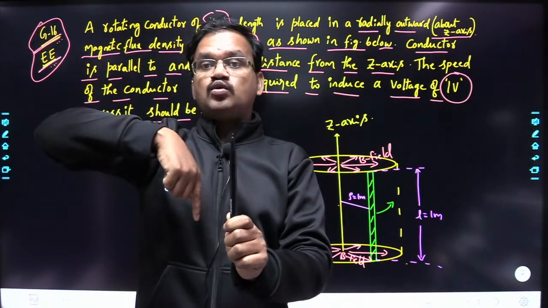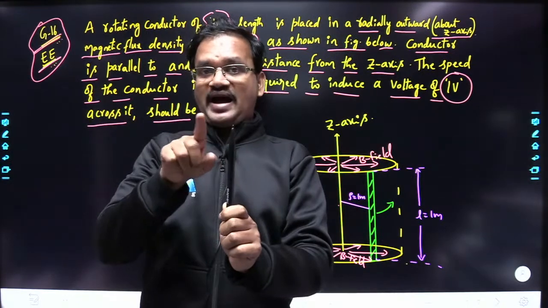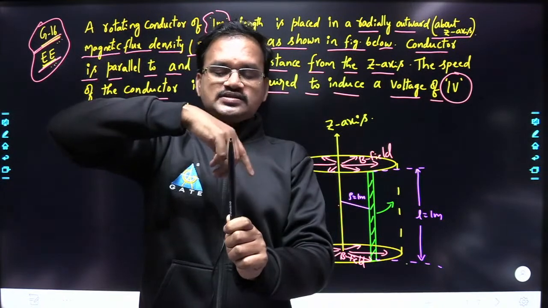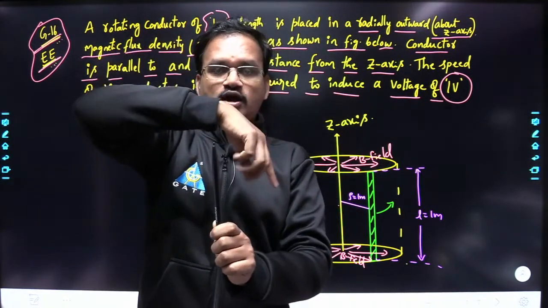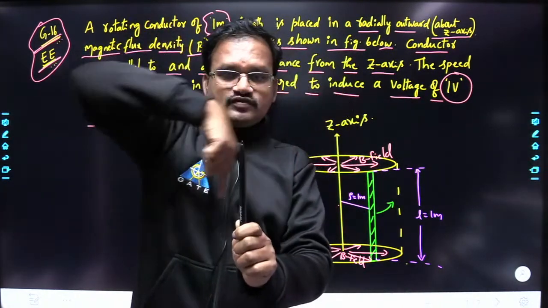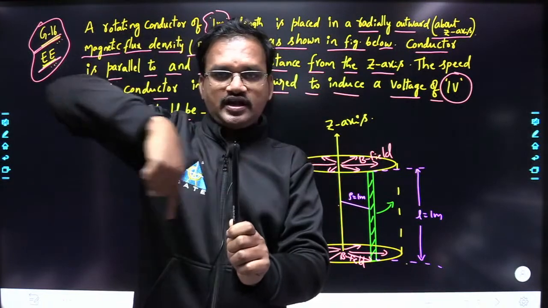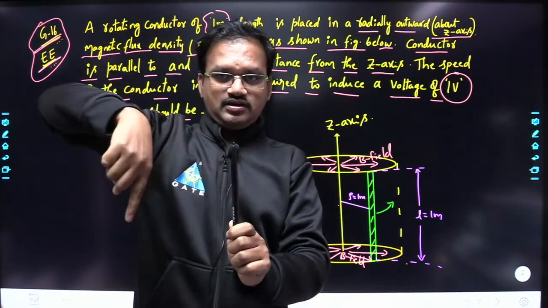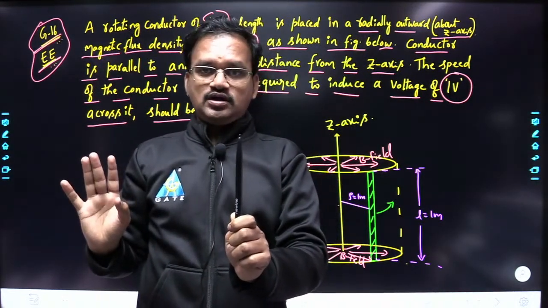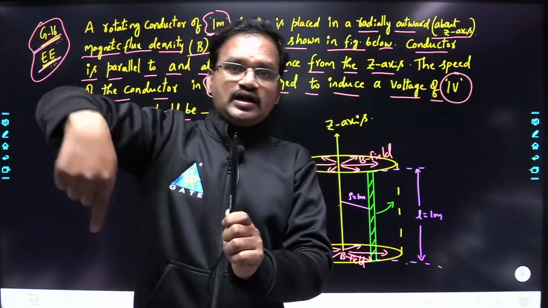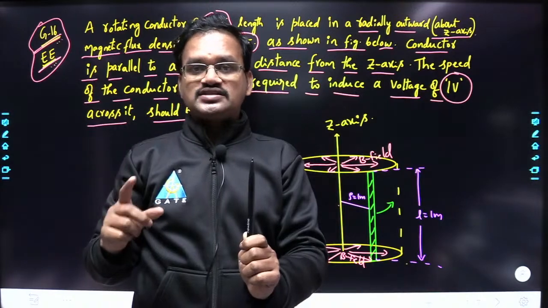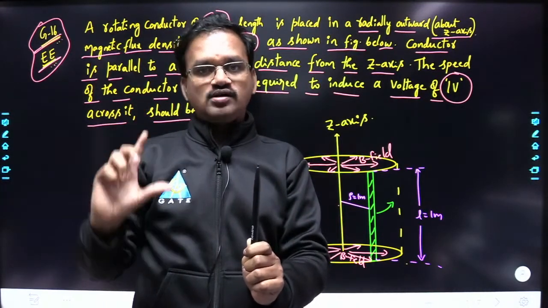Whenever a conducting bar moves in a magnetic field, a voltage or potential difference is induced across it.